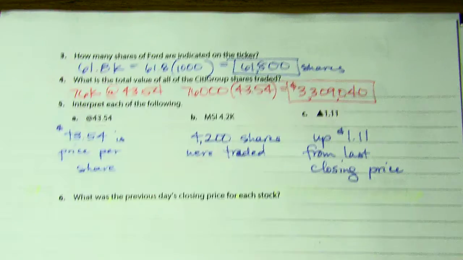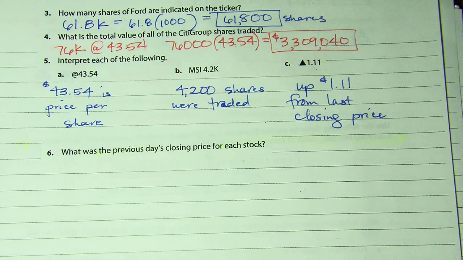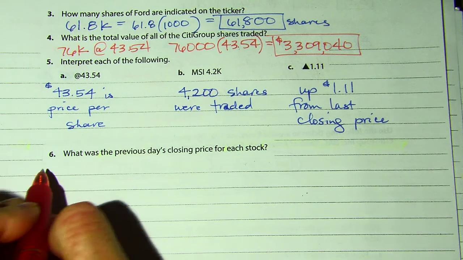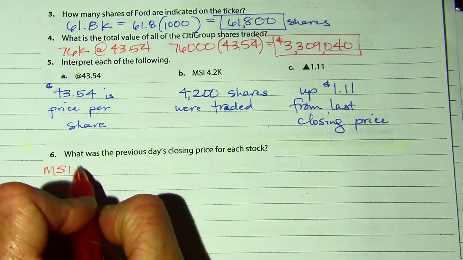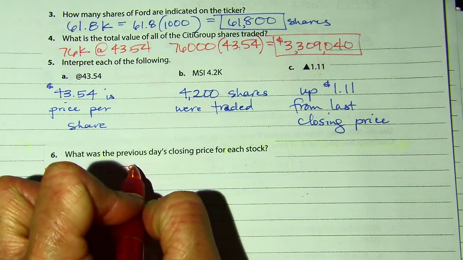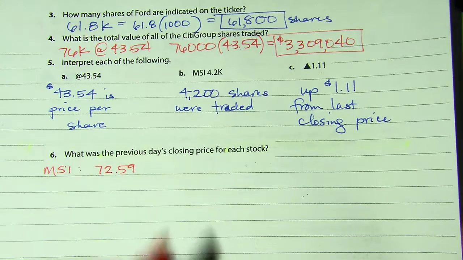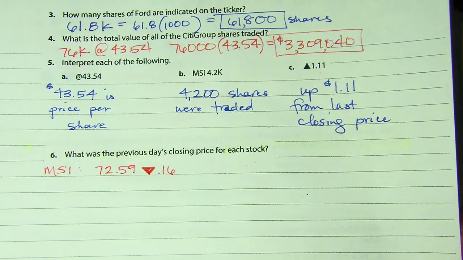Okay. And then number 6, we're going to calculate the previous day's closing price for each one. So I'm going to do one at a time. So MSI, it said 72.59, and then it said down 16 cents.